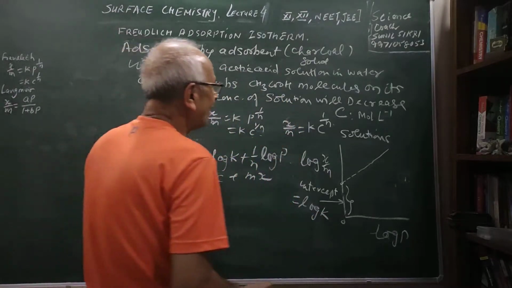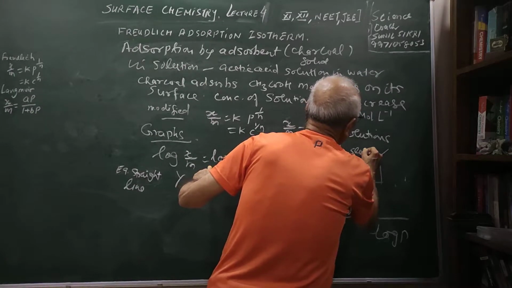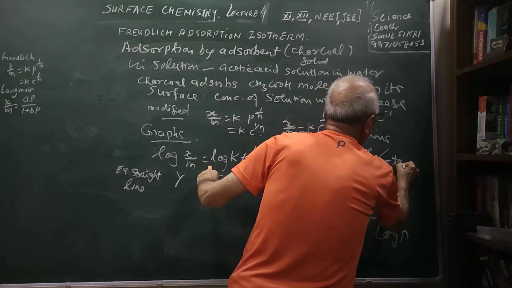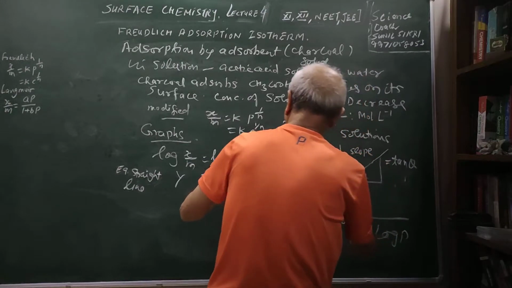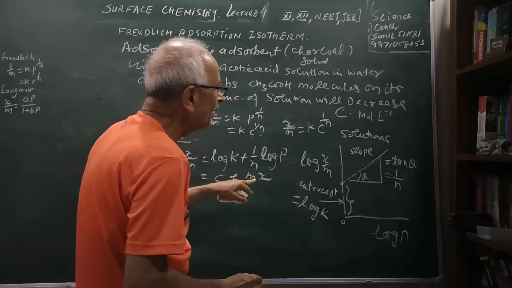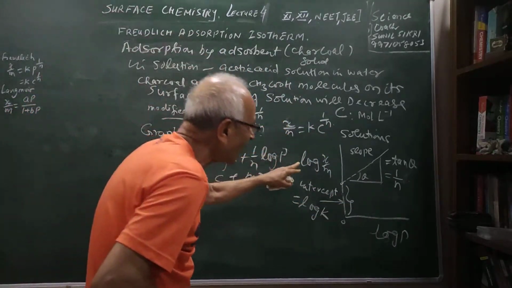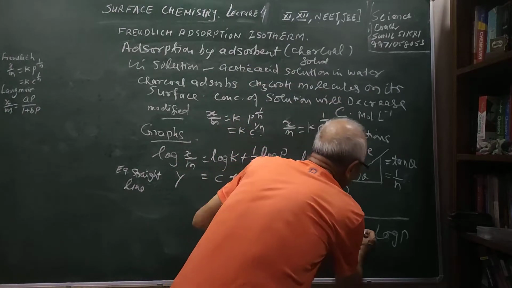The slope of this, which is theta, is equal to tan theta, which is equal to 1 by n. 1 by n is my slope. So we can find the value of 1 by n by drawing a graph between log of x by m versus log of p.